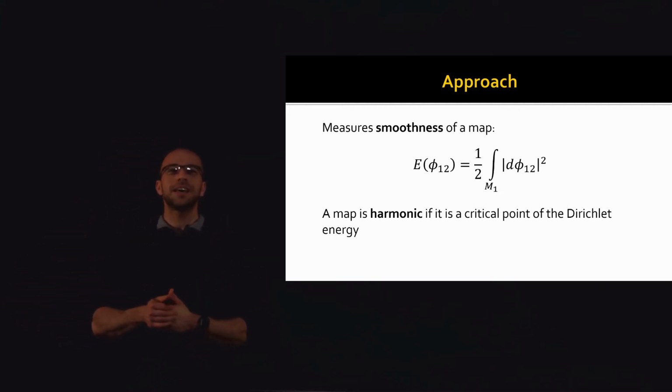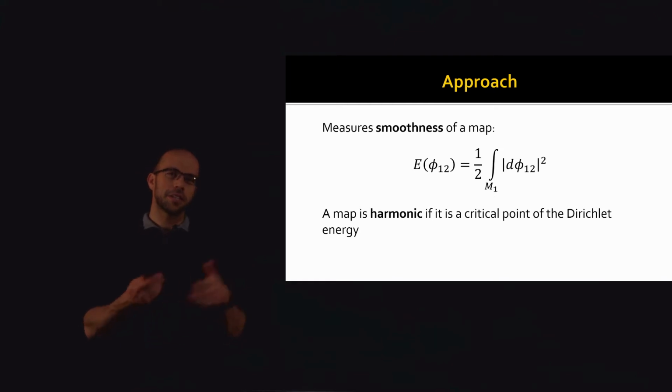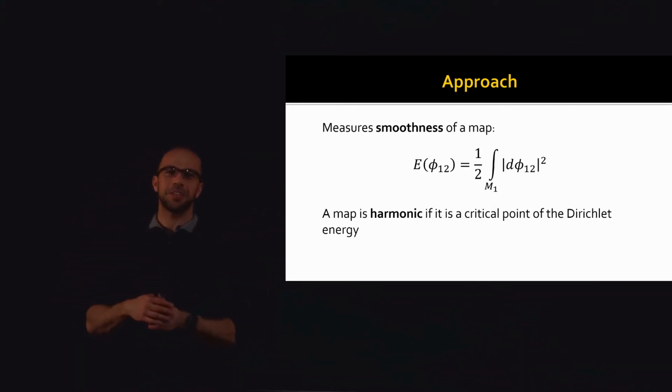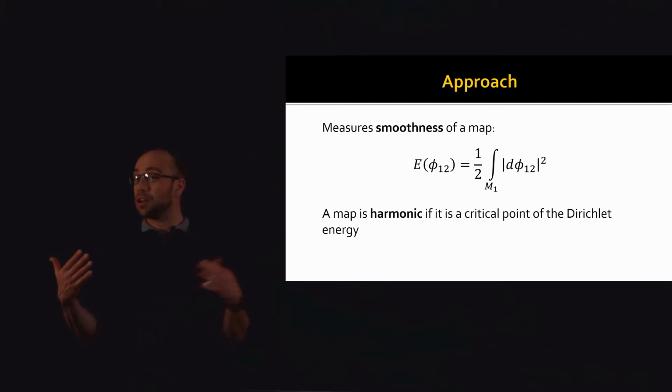Now, the reason that we studied this Dirichlet energy with Danielle and Miri was that essentially this is the standard objective that many, many algorithms use for one specific mapping problem, which is to take a surface and map it into the plane, right, in this parametrization problem. Here, rather than parameterizing into the plane, we wanted to optimize the Dirichlet energy of a mapping from one surface into another surface.